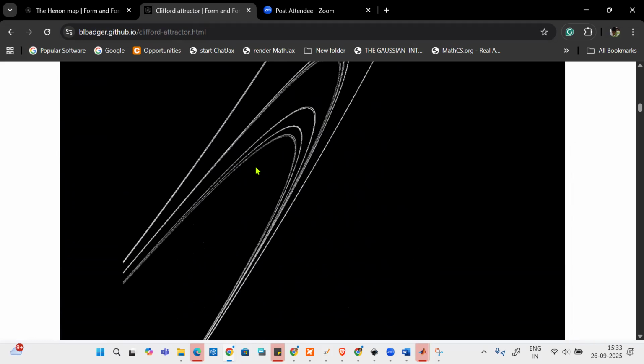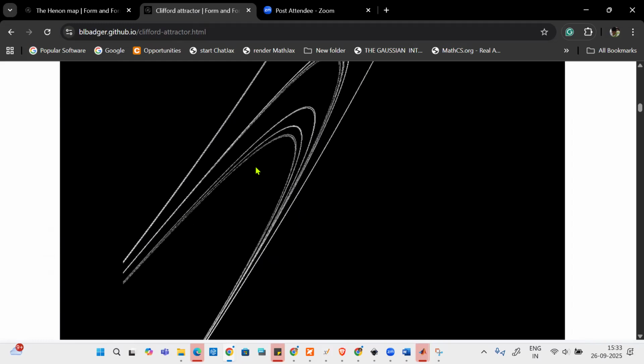Whenever you zoom in on the Clifford attractor, you will always come to the basic part, that is the Henon map. So the Henon map is like the simplest 2D map which can show you chaos and fractal behavior. Therefore, however many sine terms you use, you will always find yourself using the Henon map.